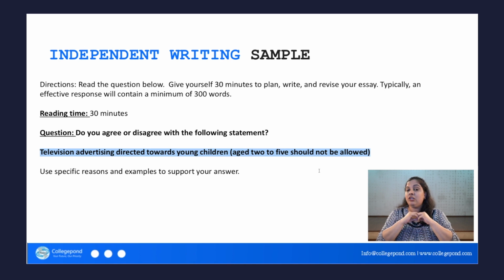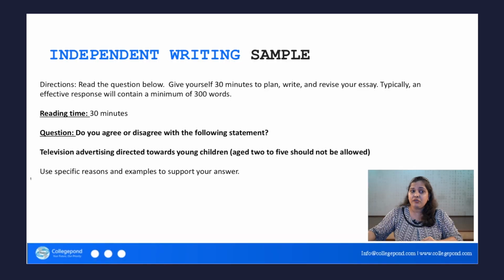That's something that a lot of our students have experienced. So look at the keywords. Television advertising, young children, should not be allowed.